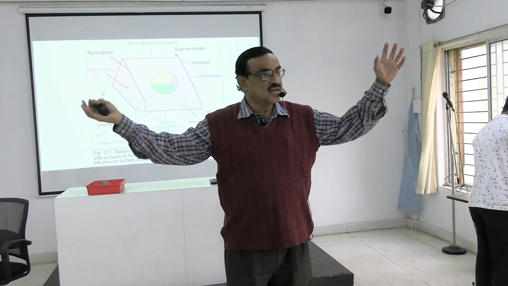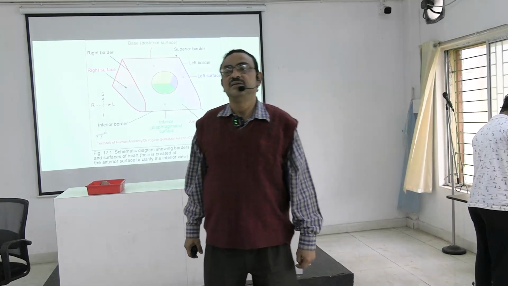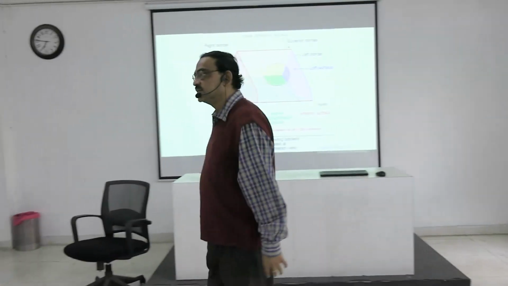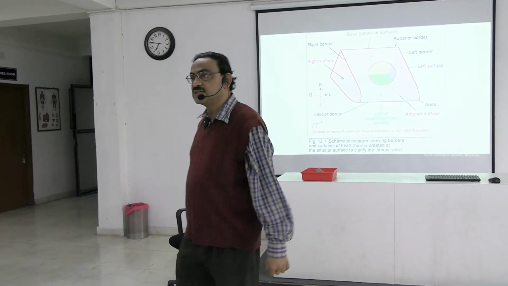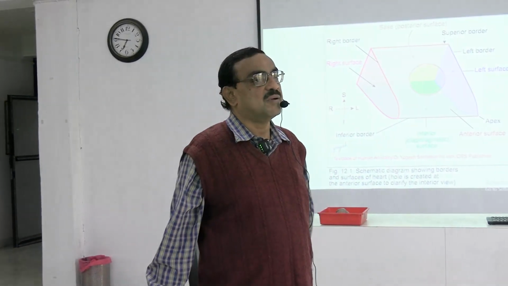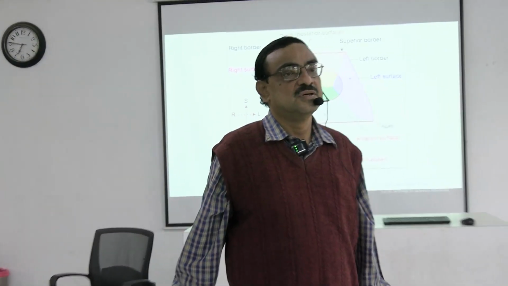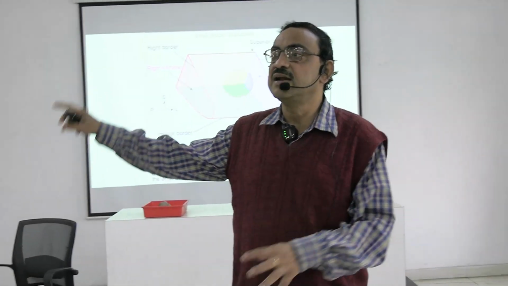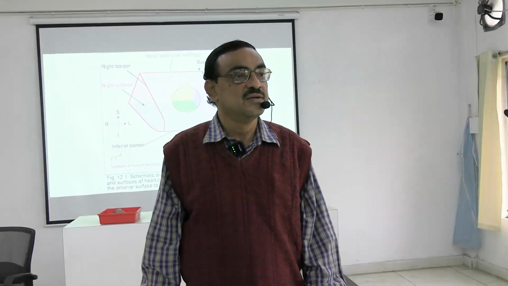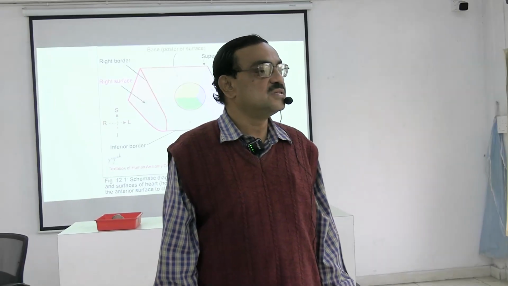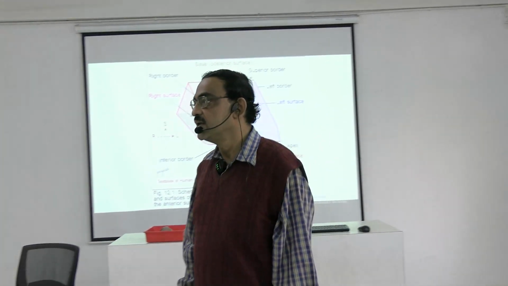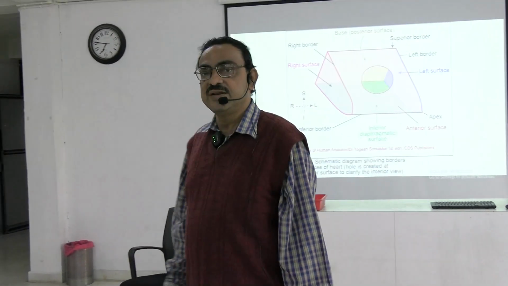It reaches the right and left lungs, where the purification process takes place, and the oxygenated blood ultimately comes through the pulmonary veins and drains into the left heart, most precisely the left atrium.